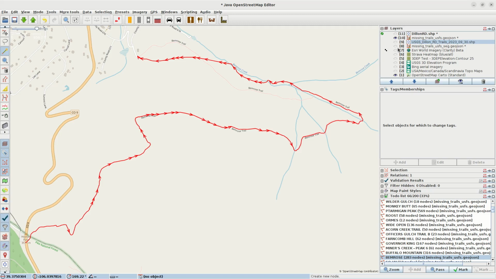We have roads depicted as trails, and I've shown you a few examples of that, and then either trails that don't exist or that are mislocated from their true location by 15 meters or more. Many of these are hundreds and hundreds of feet. We saw something 4,700 feet in error.